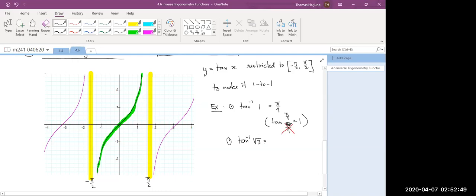Pi over 6? No, I don't think so. Pi over 3? Pi over 3.